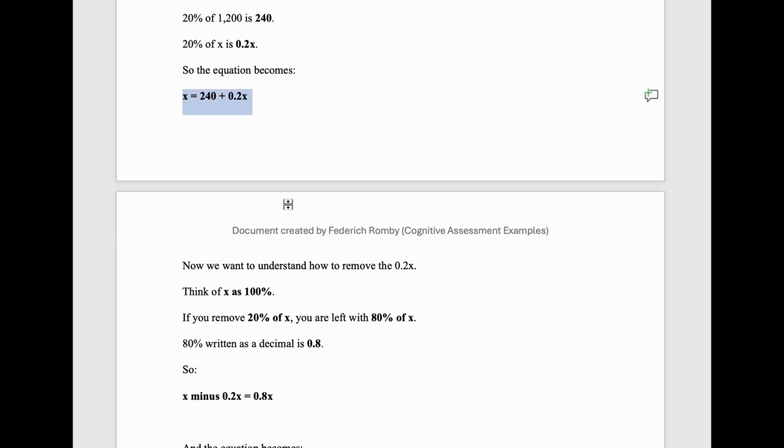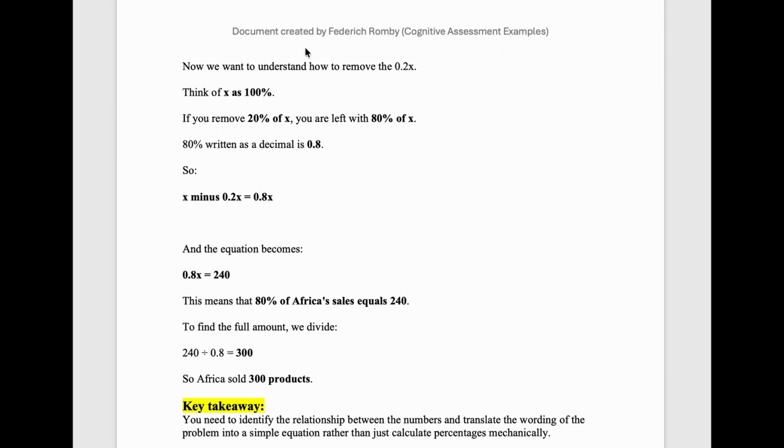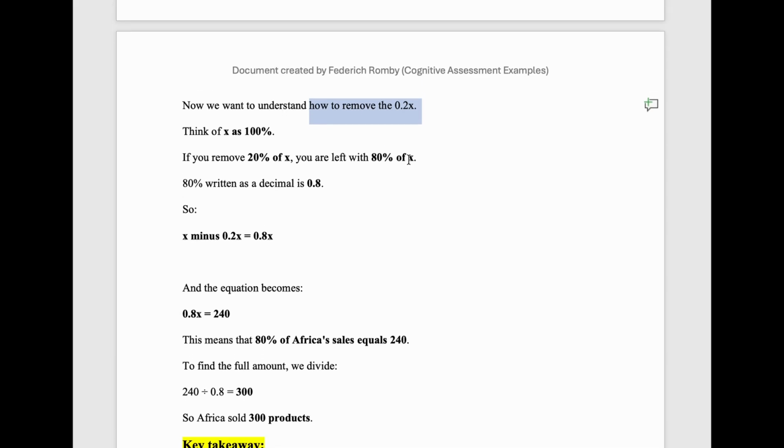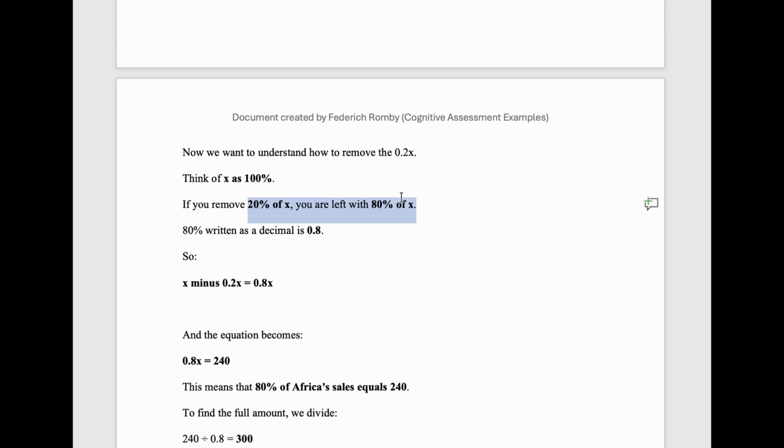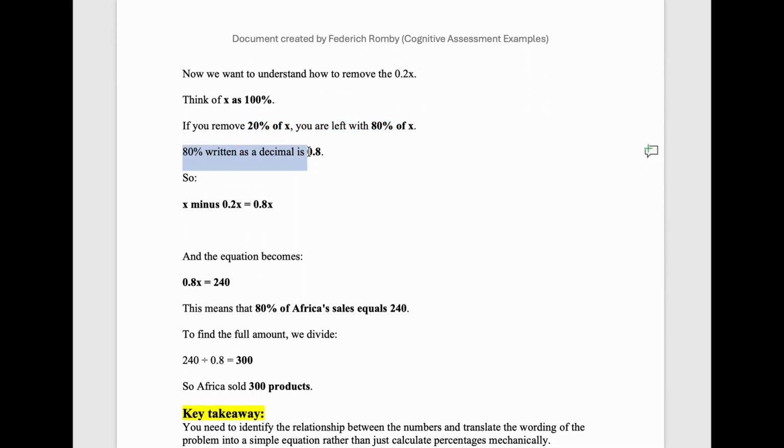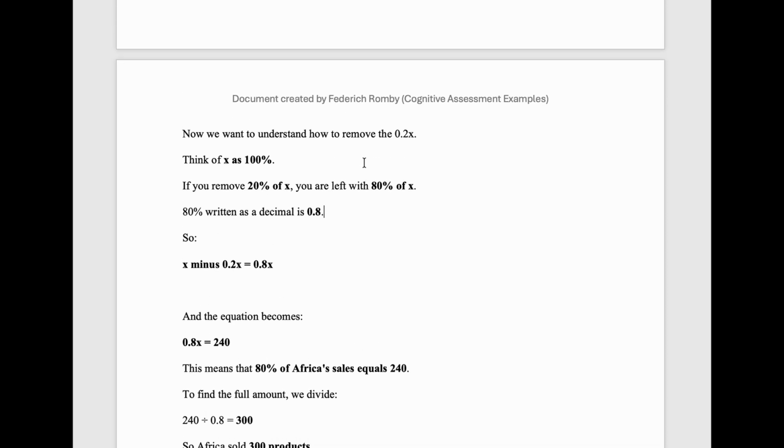And we want to understand how to remove the 0.2X, right? In order to remove it, you have to think of X as 100%, as a whole number. So if you remove 20% of X, you are left with 80% of X. If we write 80% as a decimal number, it would be 0.8, because it would be 0.8 of that whole number, which is 1.